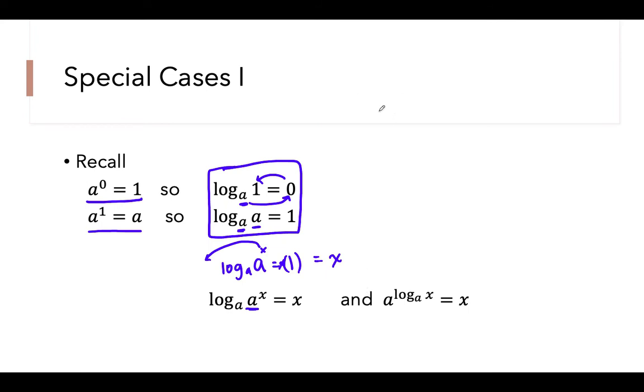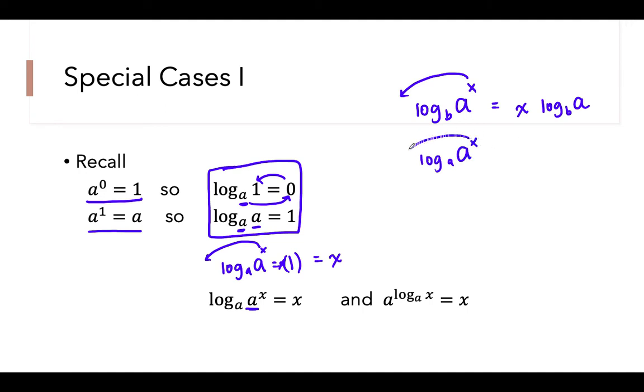So again, another rule to remember is if I were to have log base b of a to the x, I can bring the exponent of a logarithm to the front. So it becomes x times logarithm base b of a. So in this case, we have log base a of a to the x.